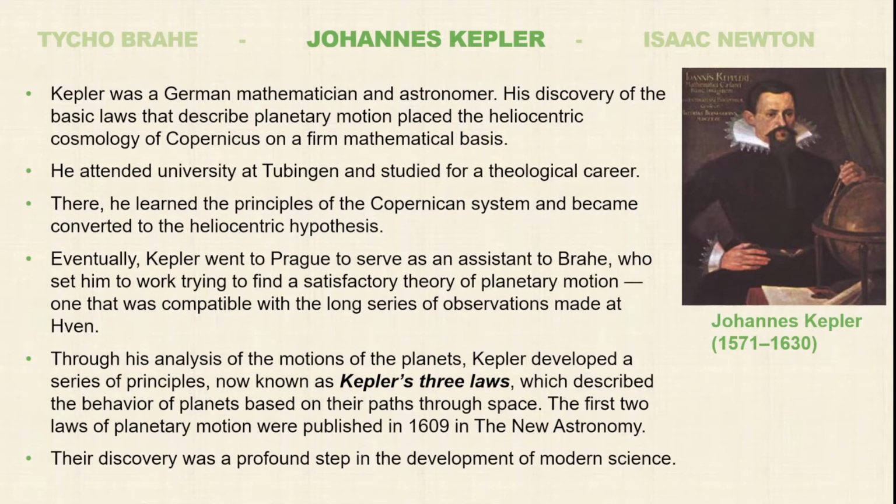Later on, those equations were called Kepler's laws. Actually, he formulated 3 laws, so they are also called Kepler's 3 laws. And here is his timeline: born in 1571, died 1630.